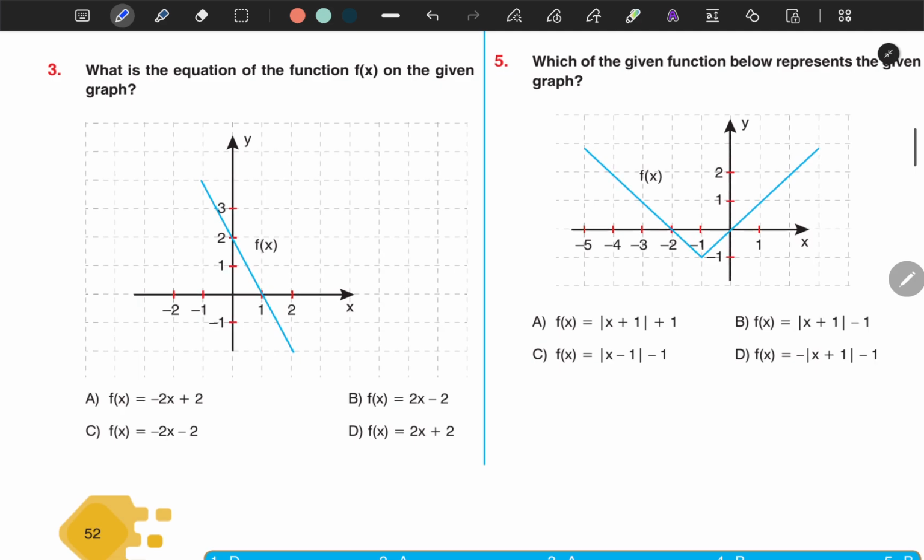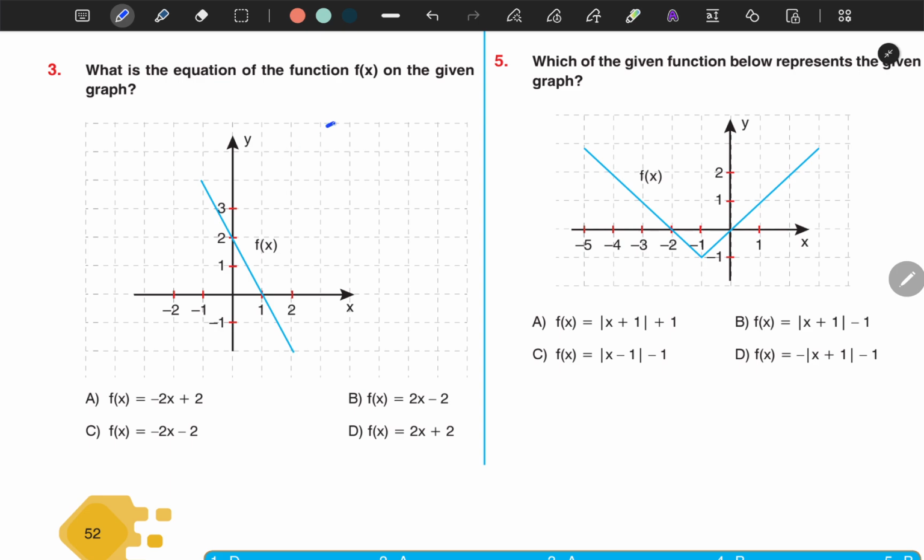Okay, I'm scrolling down. The question says, what is the equation of the function f of x? I have to find the equation of the linear function. First of all, when you look at the question, the line is moving down, isn't it? Do you remember?